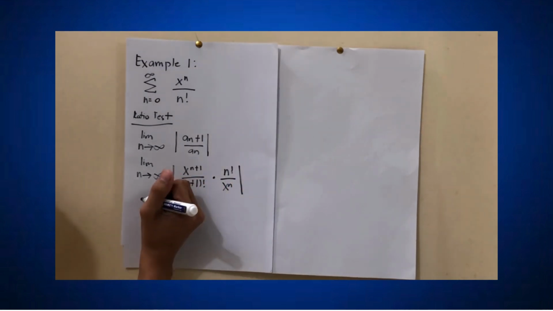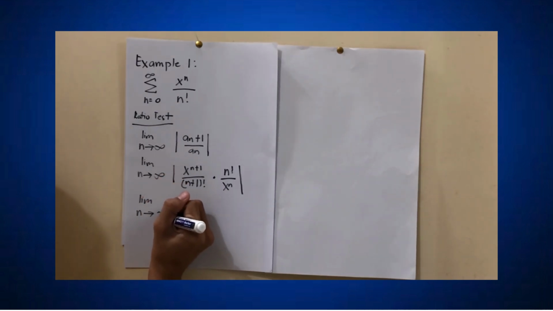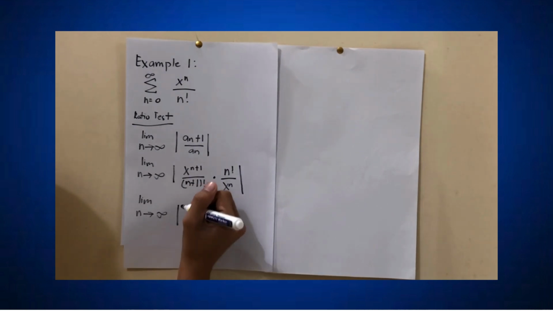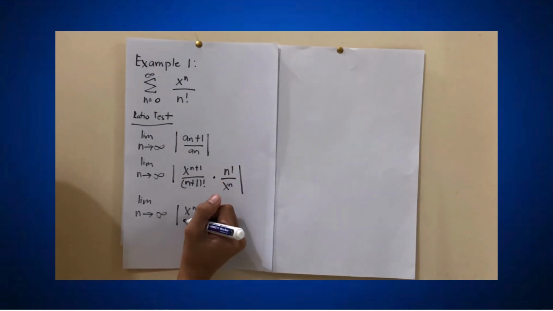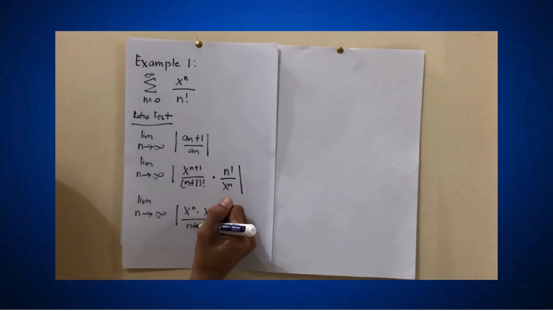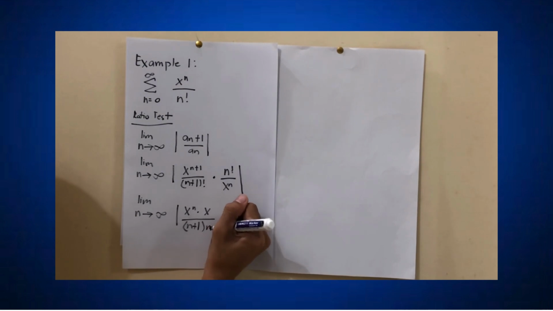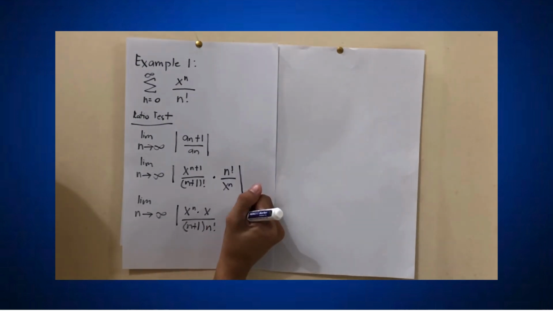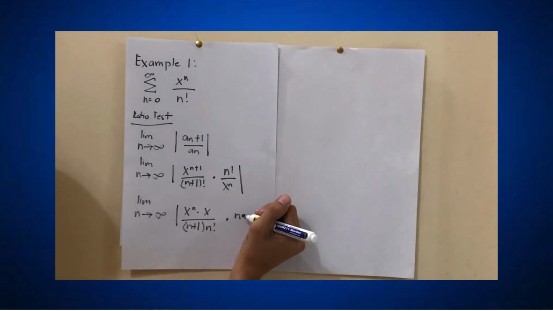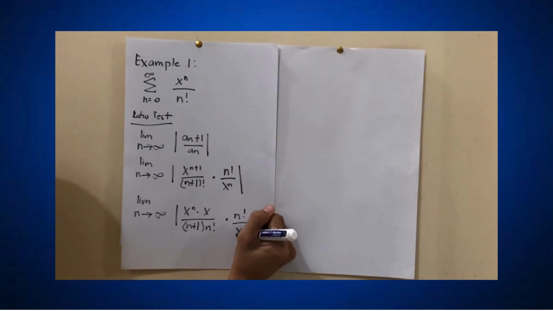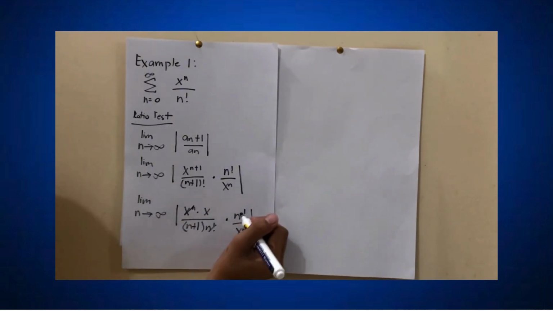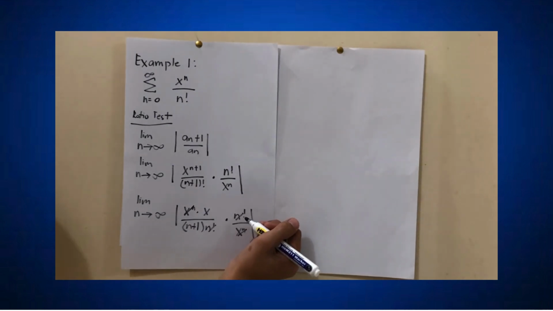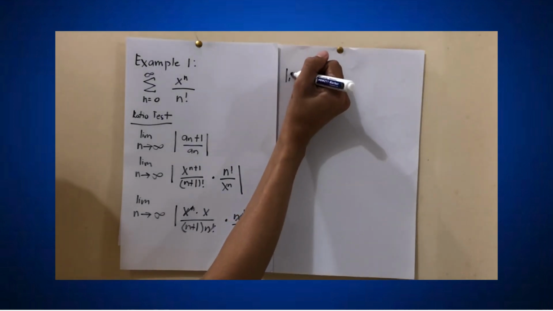After that, we expand our given so that we can have cancellation. x raised to n plus 1 can be expanded into x raised to n times x, which means the same thing. Then n plus 1 factorial can be written as n plus 1 times the quantity of n factorial, times n factorial over x raised to n.